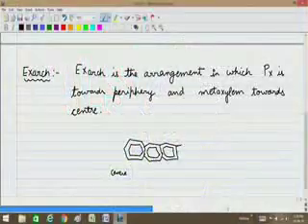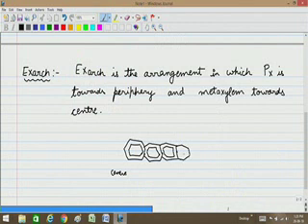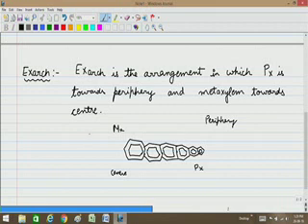Please keep on checking some messages, they are for the technical team. I'll keep writing in between. Protoxylem is towards periphery. Towards the center, it is metaxylem. Here it is protoxylem.